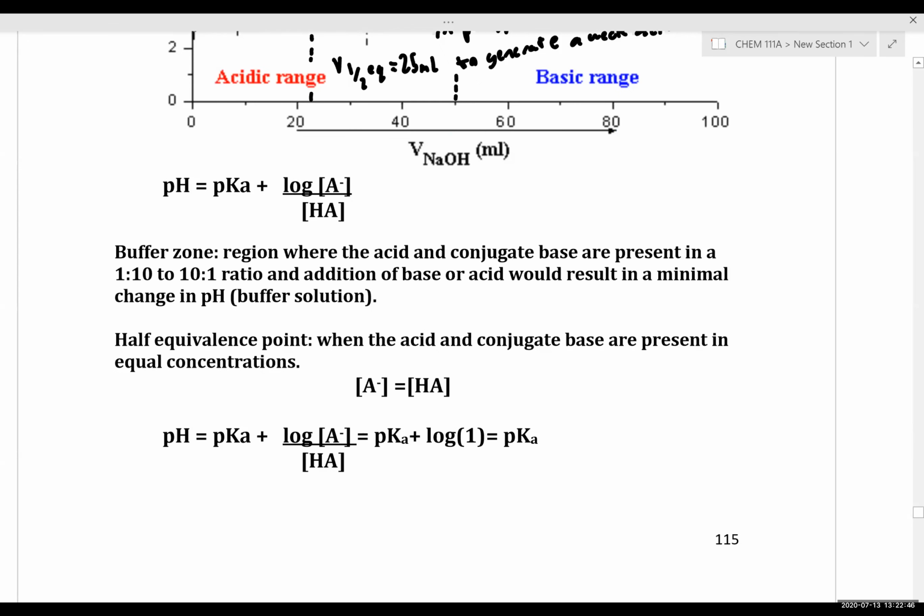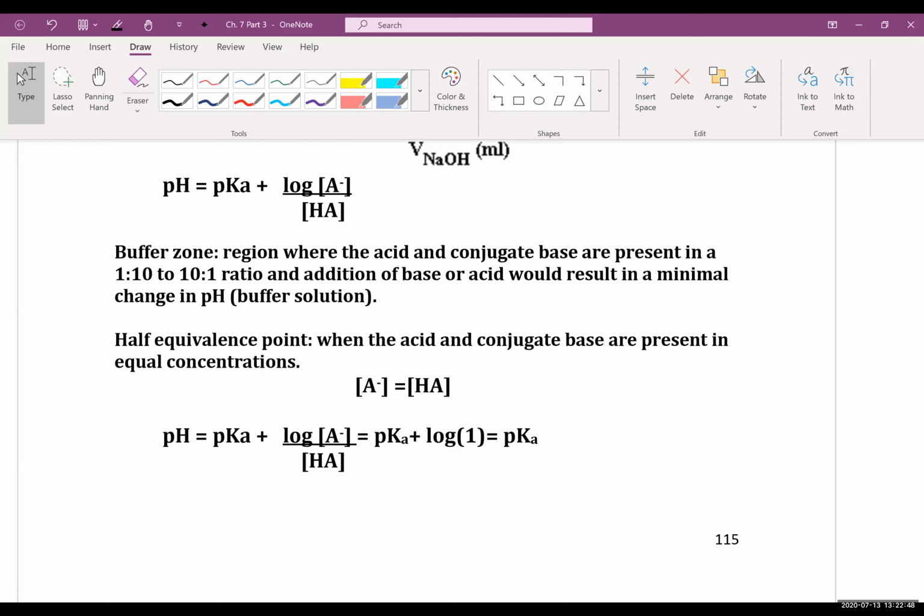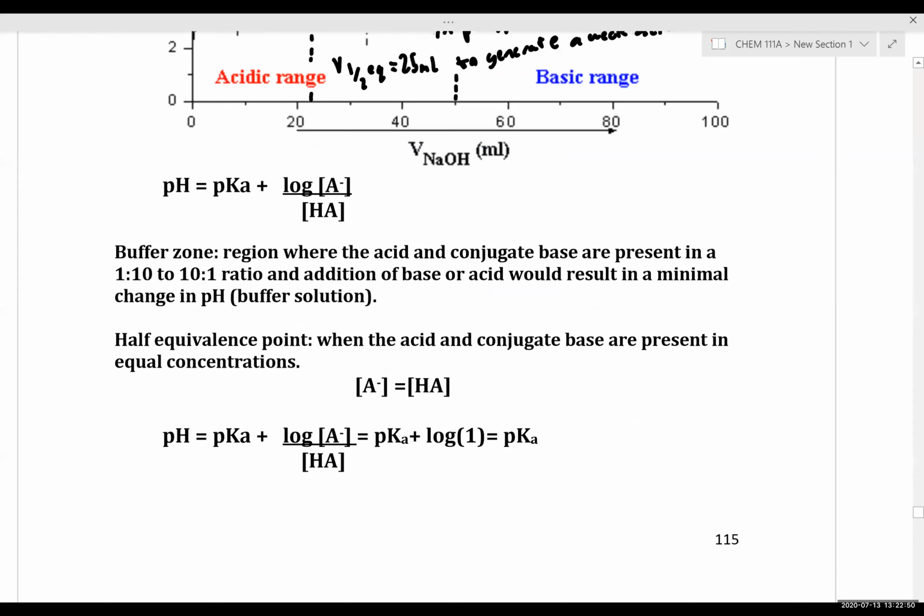Now, just to get into some formal definitions here, the buffer zone is a region where the acid and its conjugate base are present in a 1:10 or 10:1 ratio. An addition of additional base or acid would result in a minimal change in pH. We call this solution a buffer solution.